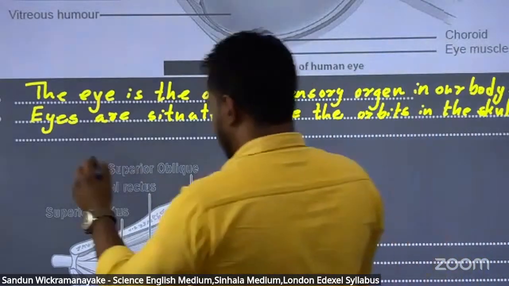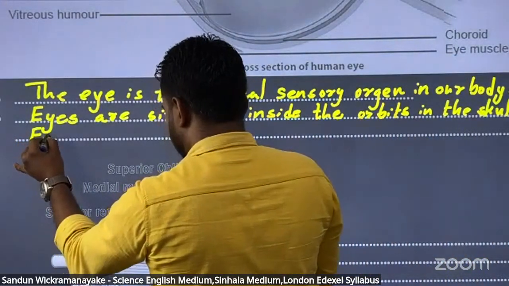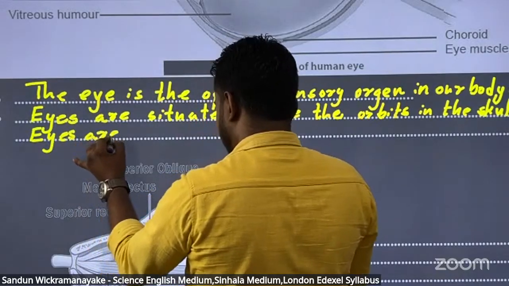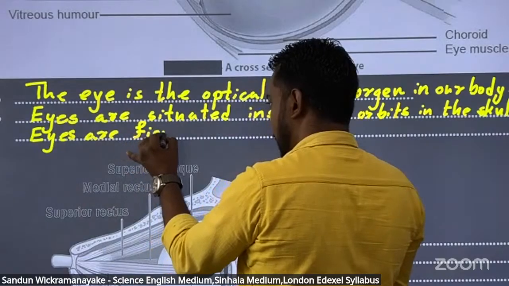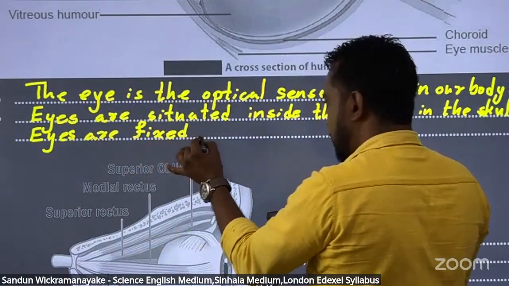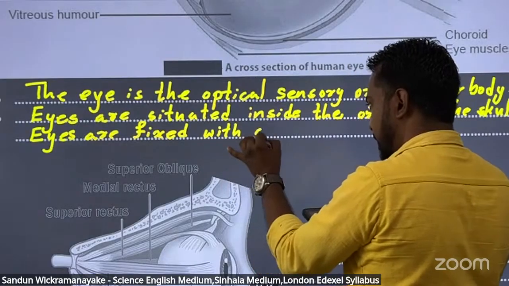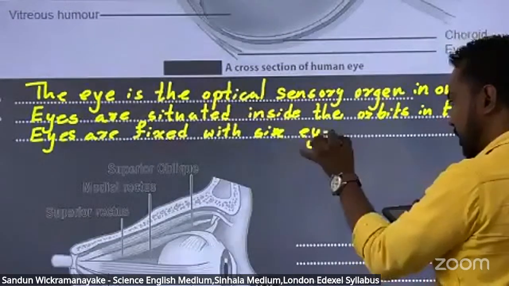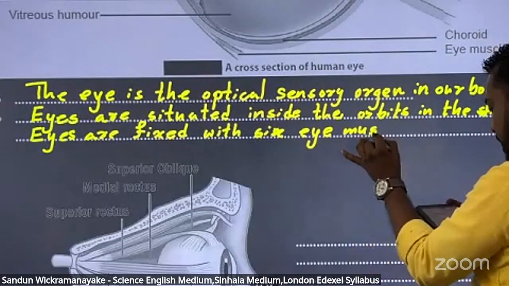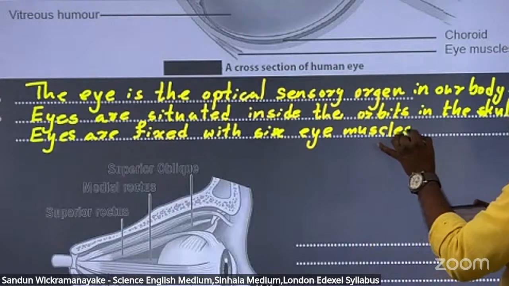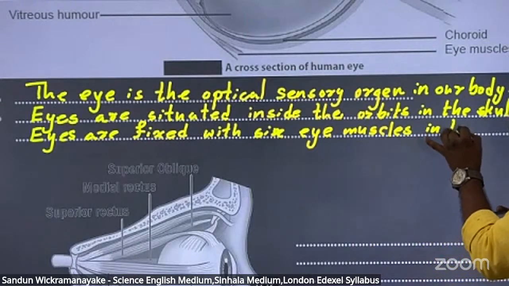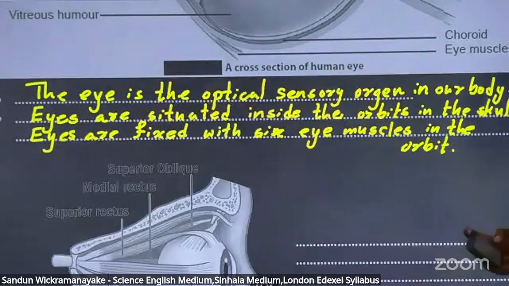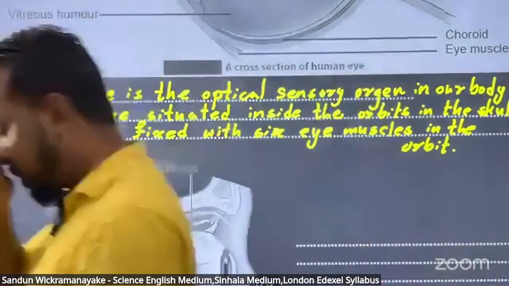The eyes are fixed with six eye muscles in the orbit. The orbit. Right.